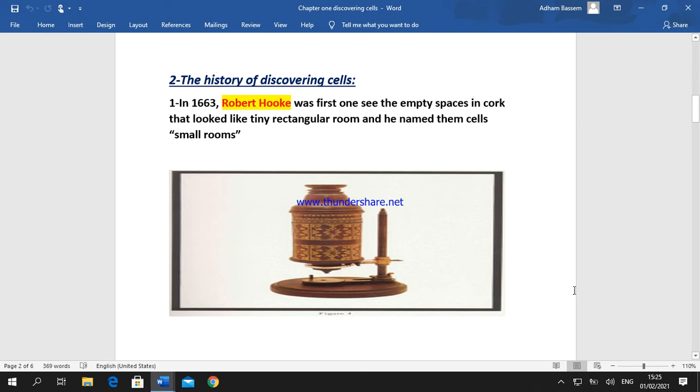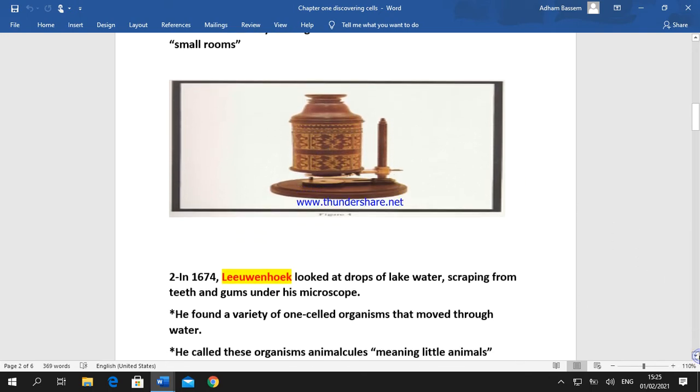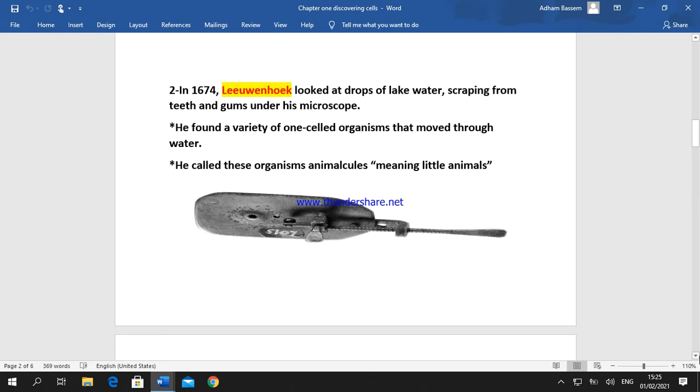After Robert Hooke, the Dutch scientist Leeuwenhoek, in 1674, looked at drops of lake water and scrapings from teeth and gums and examined all of them under his microscope. Leeuwenhoek found a variety of one-celled organisms.